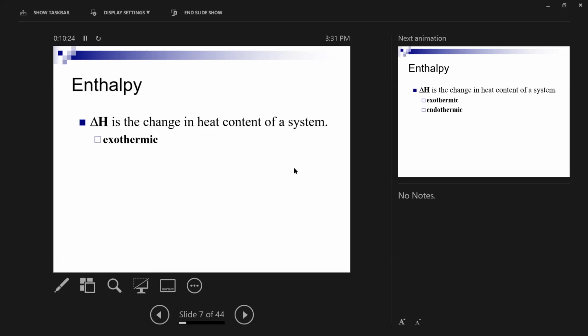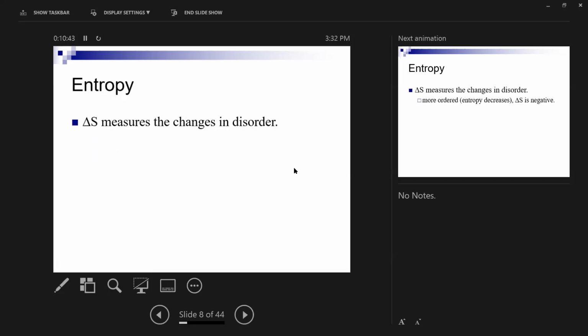So exothermic means it gives off heat. It gets hotter. Endothermic. It takes in heat, it gets colder. Removes heat. And then entropy just measures disorder.